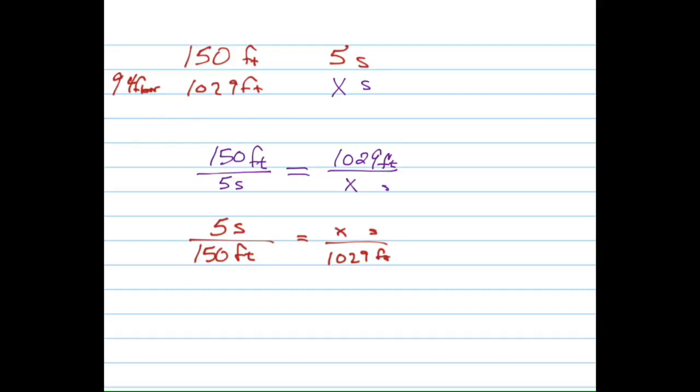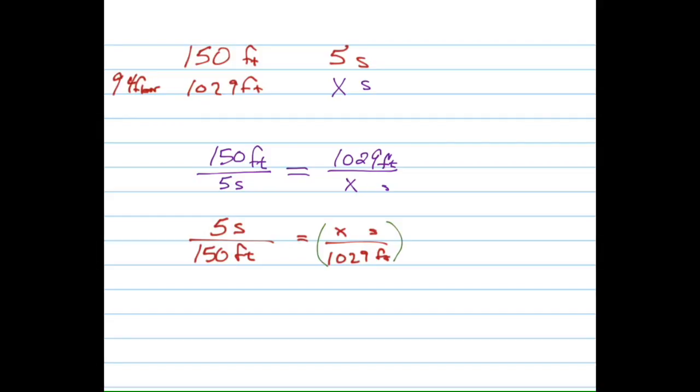So now how do I solve this? How do I get the X by itself? X is being divided by 1029. That's what I want to get rid of.